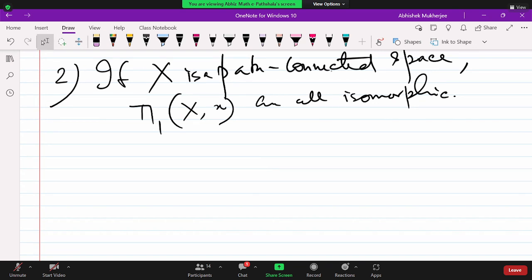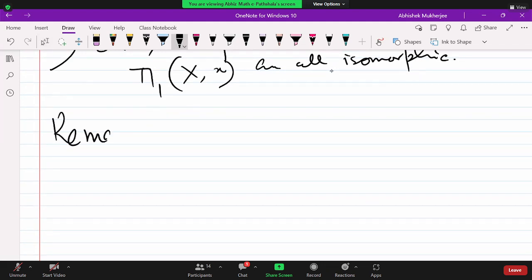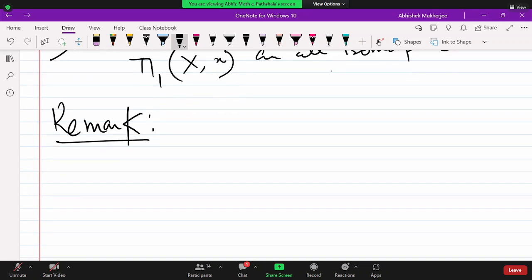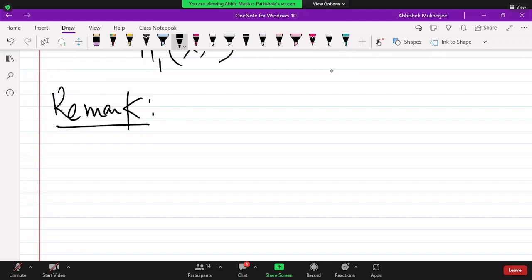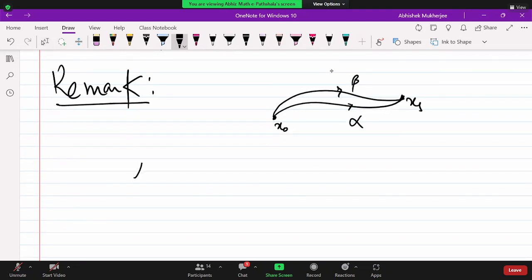And if you take a close look at that, let us make another remark that if you choose two paths, okay, suppose this is your alpha and let another one be beta. Okay. If there are two paths from x0 to x1, then for that alpha you will get alpha cap, and for that beta you will get beta cap, right?